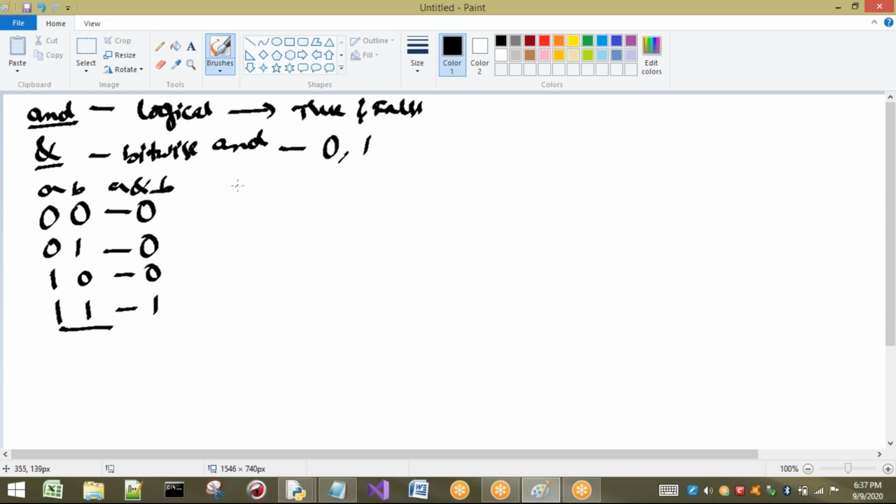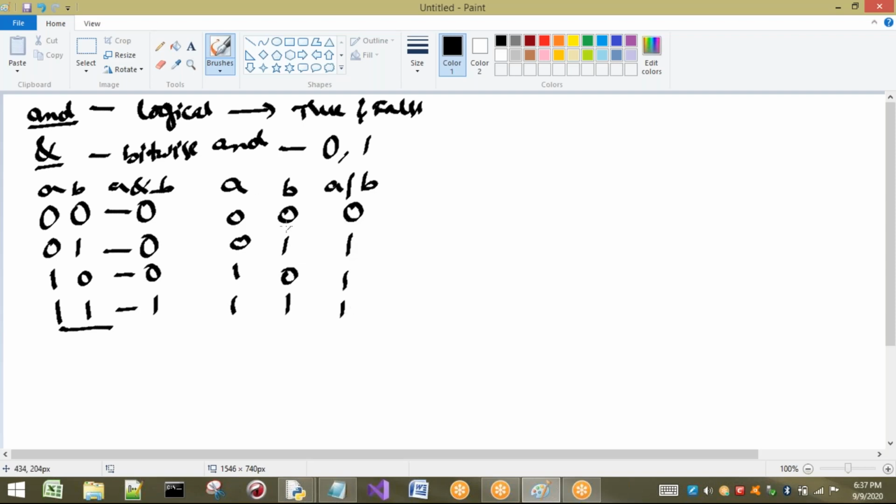Next, what about OR? A B. OR means this one. Okay. So same. If you have 0 0, 0 1, 1 0, 1 1, for example. So 0 0 means it will be 0. If at least one bit is 1, then 1. So in these three cases, what happens?